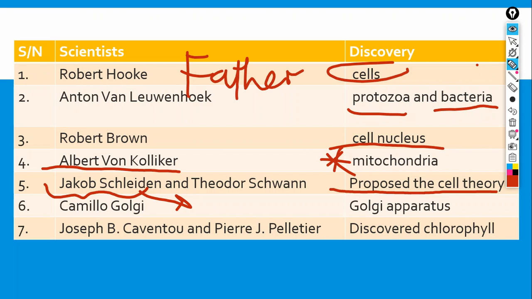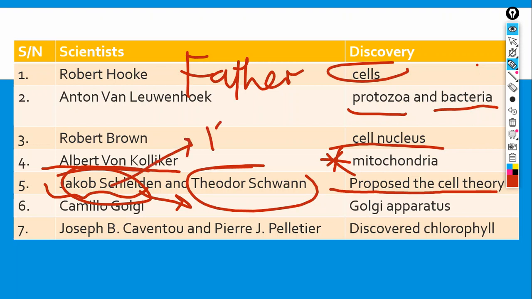There are five basic theories of the cell, and the ones pertaining to plants were attributed to Jacob Matthias Schleiden and Theodor Schwann. Schleiden worked in 1838, and Schwann worked in 1839.